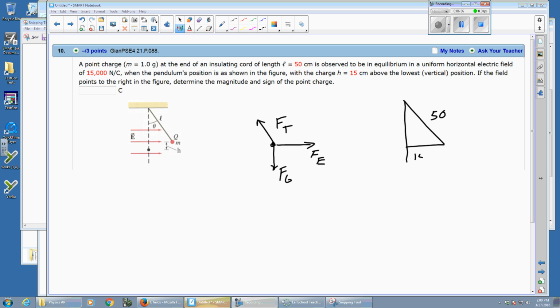Since this is 15, this side is 35, right? So theta here is inverse cosine, or arc cosine, of 35 over 50, right?